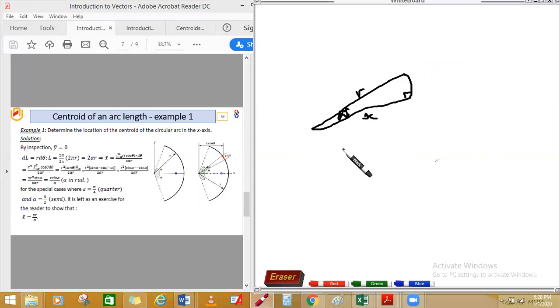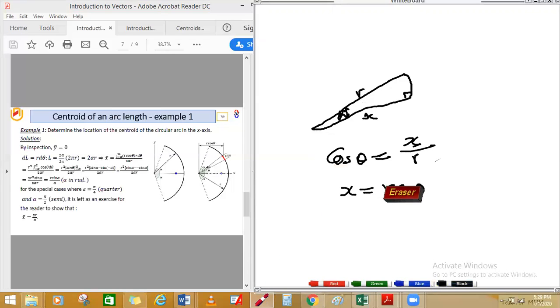So you can say cos of this angle is equal to the adjacent, this x, divided by the radius, the hypotenuse. So your x is going to be r cos theta. This is this small portion at the top here.